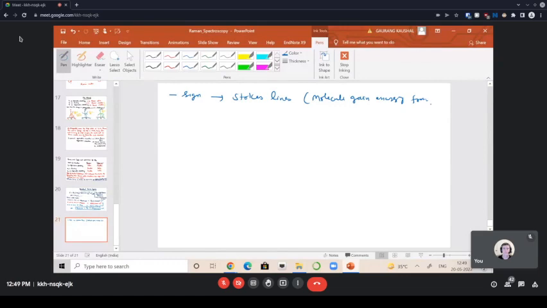Then the positive sign is the anti-Stokes line, where the molecule loses energy to the radiation.